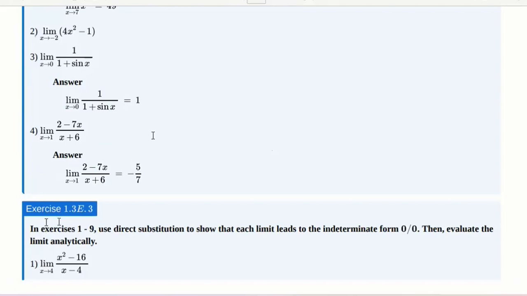Do you see this number 1 under exercise 1.3E.3, the limit of x squared minus 16 all over x minus 4 as x approaches 4? Yes, we see it. Okay, you can have that one as an exercise. Copy it. After that, you can tell me, then I'll look for another one.